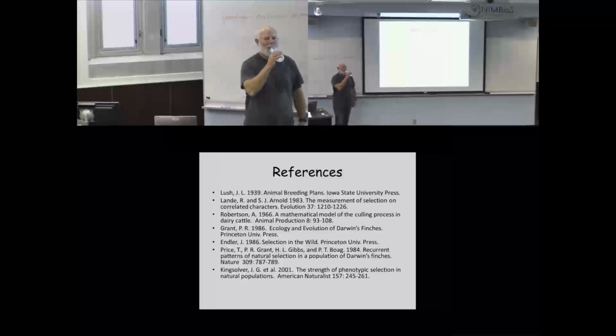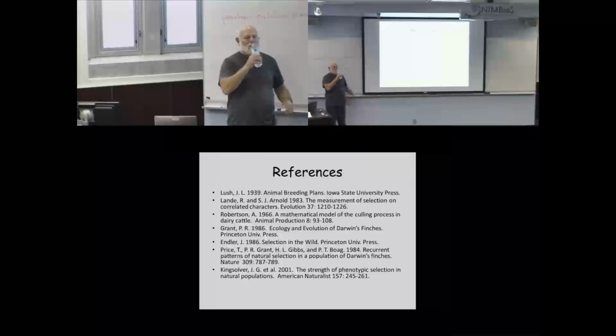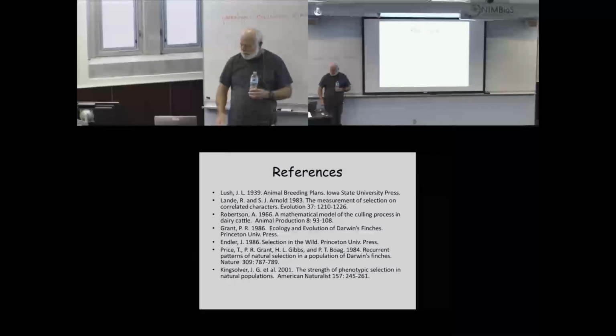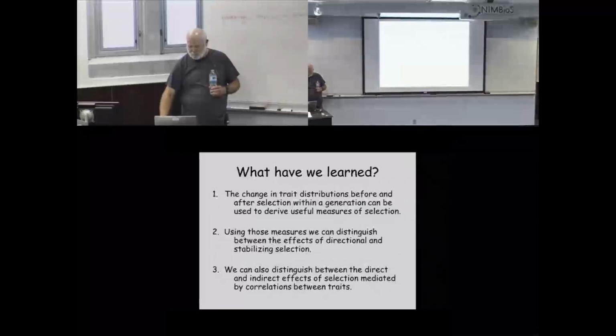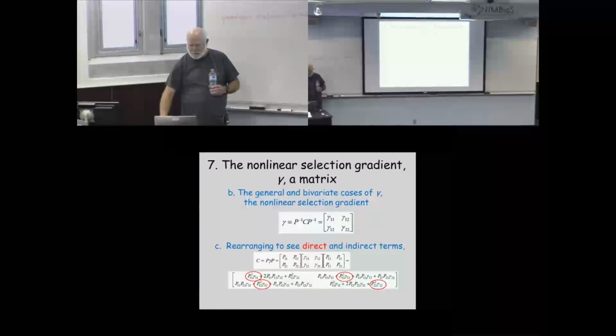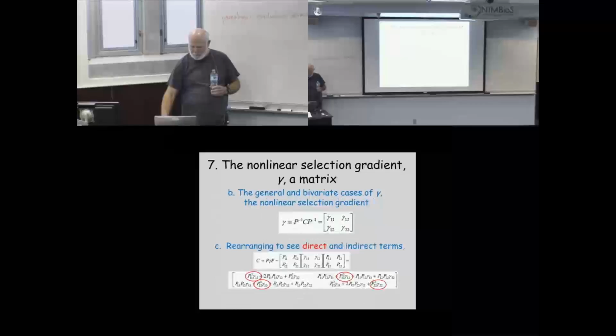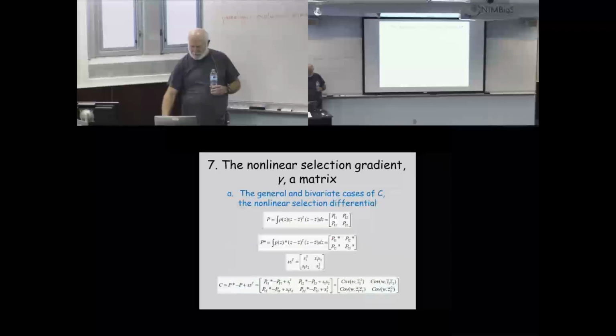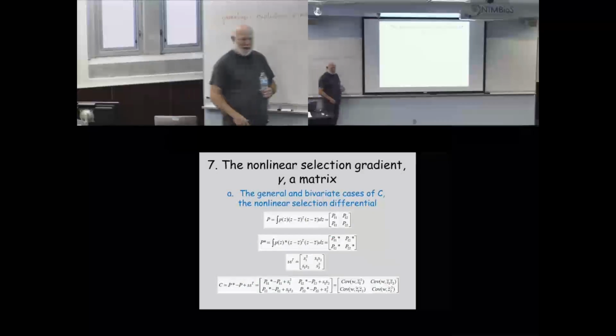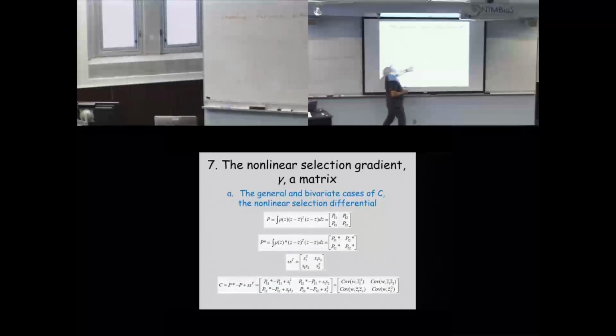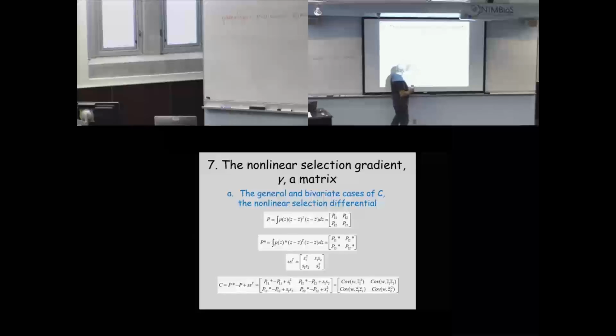Algebraic. In the slide for 7, the nonlinear selection gradient, gamma. Back here? Yeah, what's that T? Transpose? Oh, yeah. So this is a vector, a column vector.